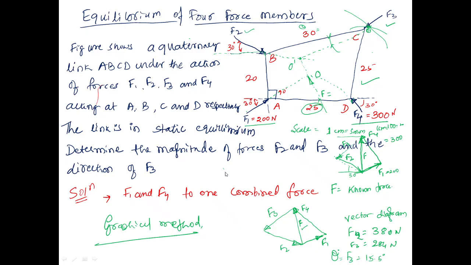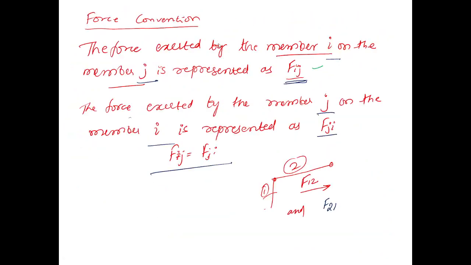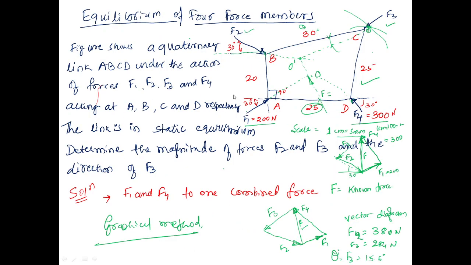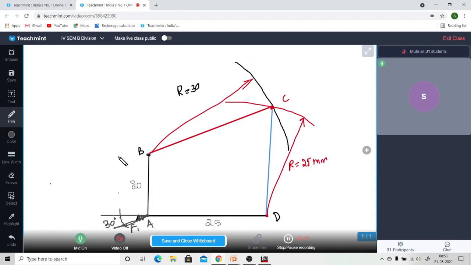Now let us go for F2 here. F2 direction is only given, so it is 30 degrees. Just draw one horizontal line here.